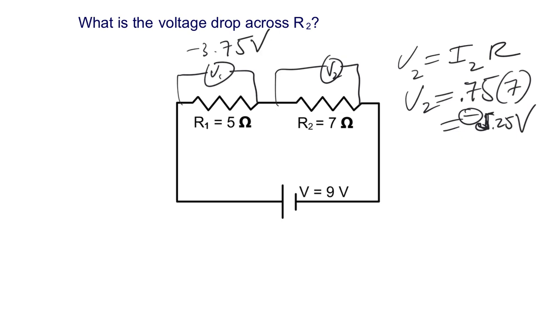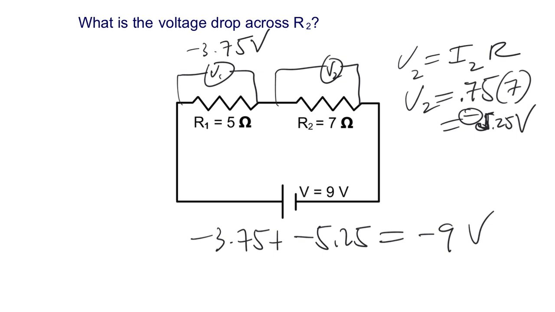And V2, we just found out, was negative 5.25. If you add negative 3.75 plus negative 5.25, you're going to get negative 9 volts. So that's what we expect.